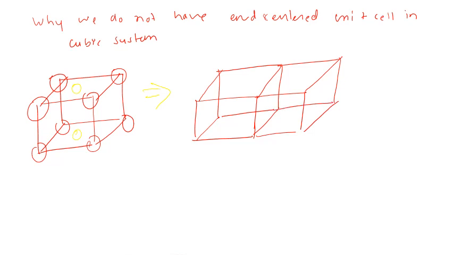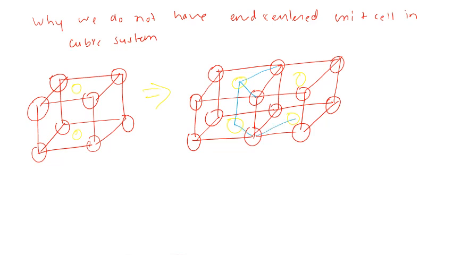Now I will use the same color combination, using just those atoms which are required to draw a different kind of unit cell. The yellow atoms are those at the end centered positions. What we can observe from here is that I can draw another unit cell out of it, which I am drawing with the help of blue color.